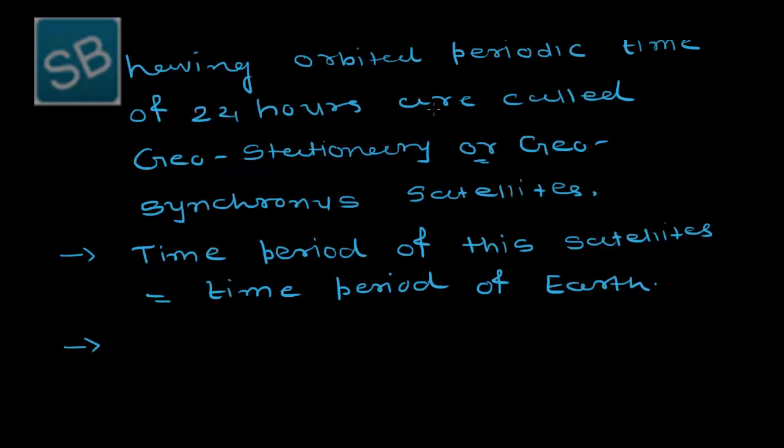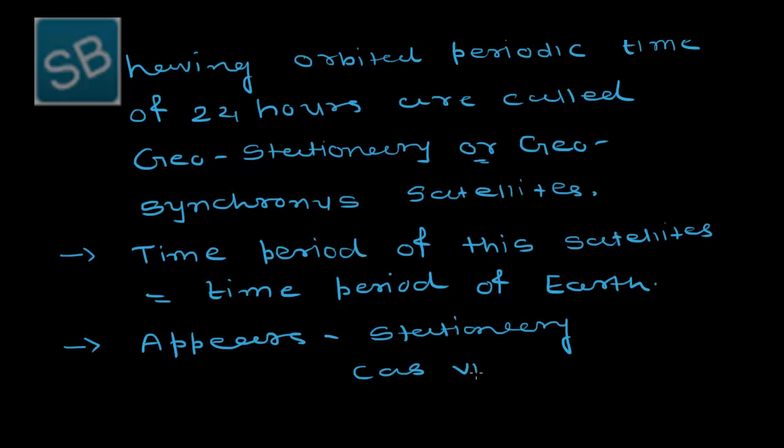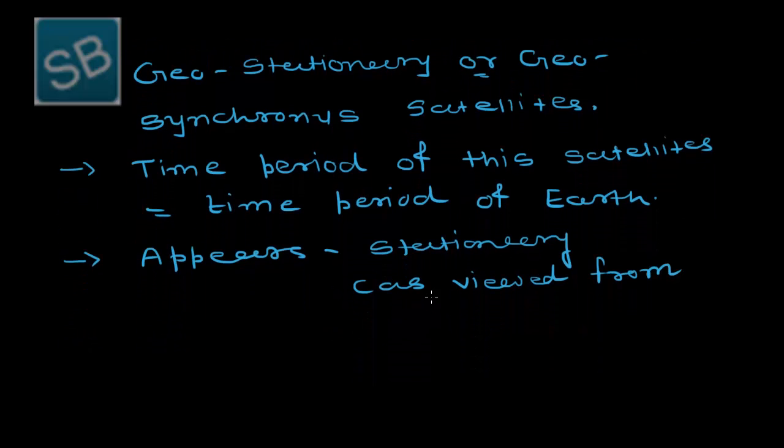Now, the word stationary has been used because this satellite appears stationary as viewed from the Earth. So whenever you watch this kind of satellite and you are taking the observations from the Earth, then such kind of satellites are appearing to be stationary.